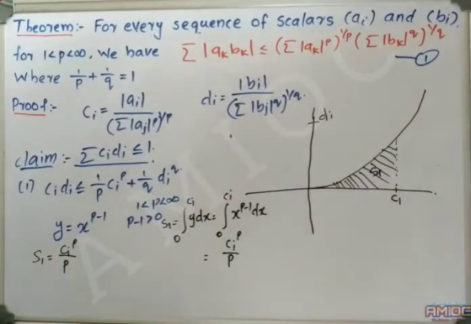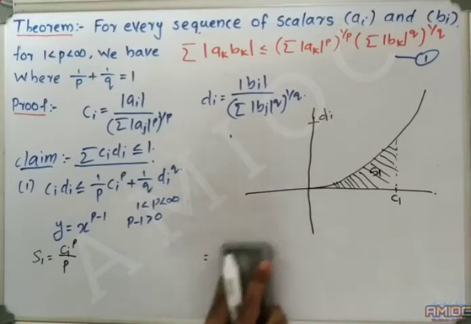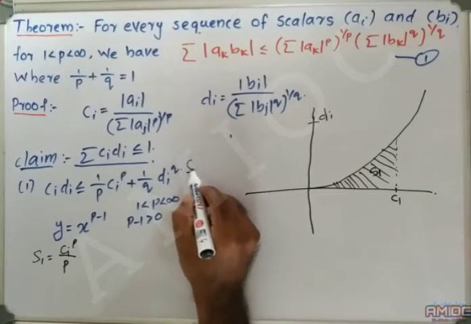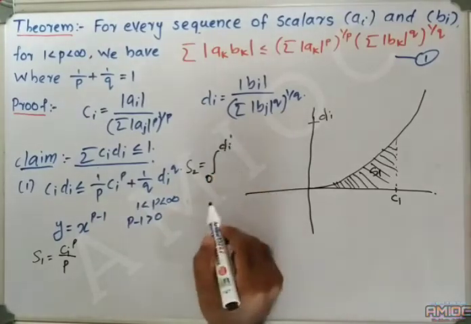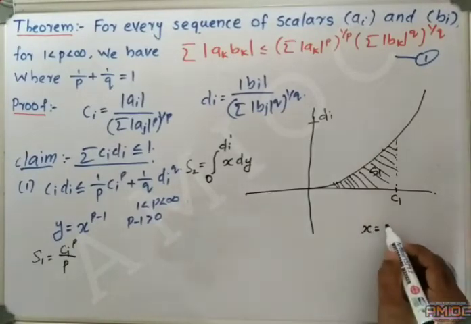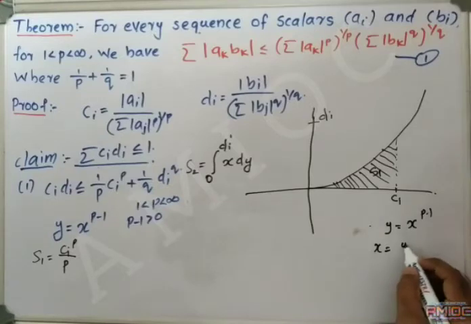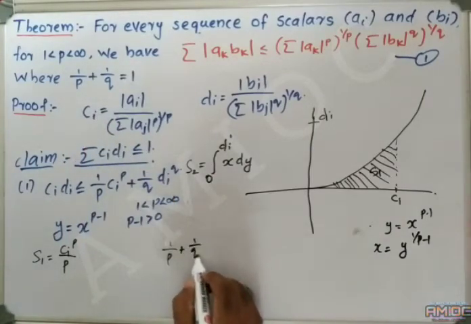Now I am integrating this function along the y-axis. Let's check. Call it S2, which is the integral from 0 to d_i of x dy. Now what is x? We have y = x^(p-1), so x = y^(1/(p-1)). We have the relation between p and q, that is 1/p + 1/q = 1.